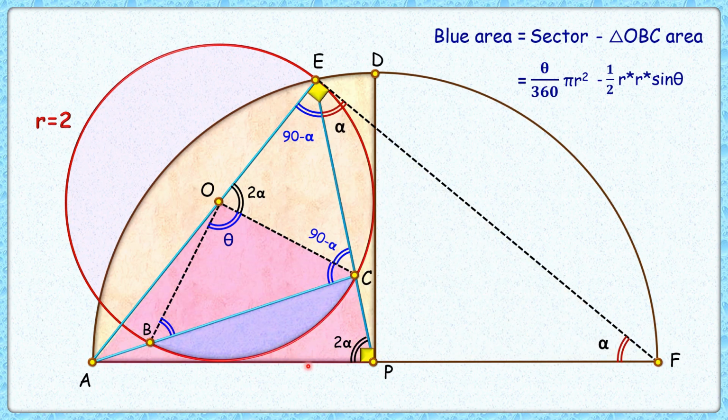This quadrilateral has one angle as 2 alpha degrees, and the opposite exterior angle is also 2 alpha degrees. So by theorem, a quadrilateral in which the exterior angle is equal to the interior opposite angle is a cyclic quadrilateral. So we have proved this OCPA is a cyclic quadrilateral.